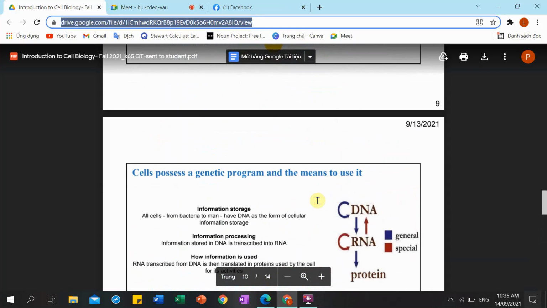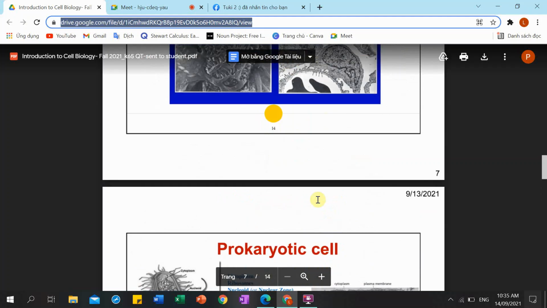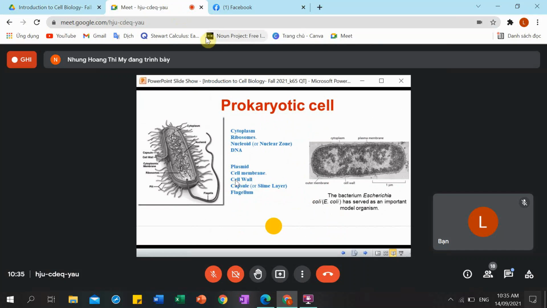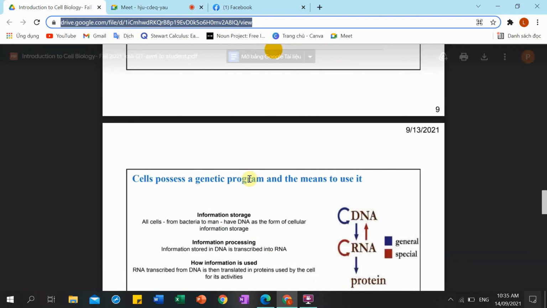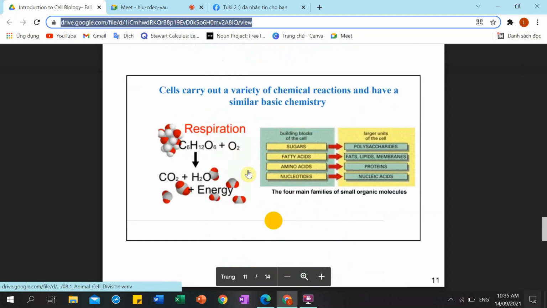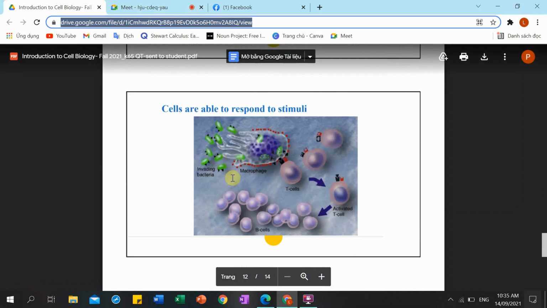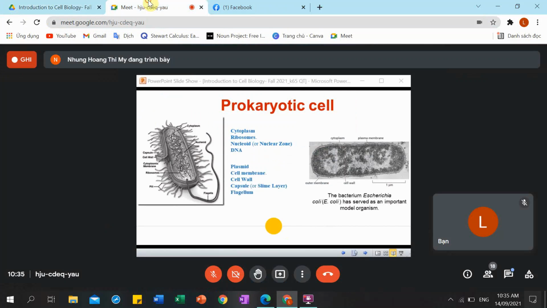Prokaryotic cells are like bacteria or algae, right? Prokaryotic cells are very simple, that means the organelles inside the cell are very few. I think it's the simplest life on earth.